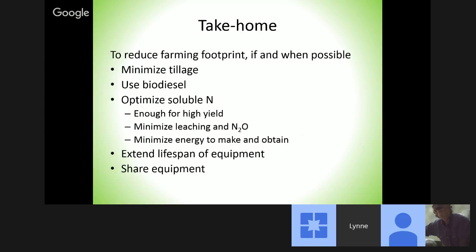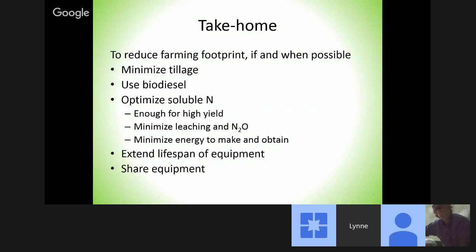So optimizing the amount of N, so you're producing good yield, but still minimizing leaching and nitrous oxide production, and getting forms of nitrogen that require as little energy as possible to actually produce and get to the farm.